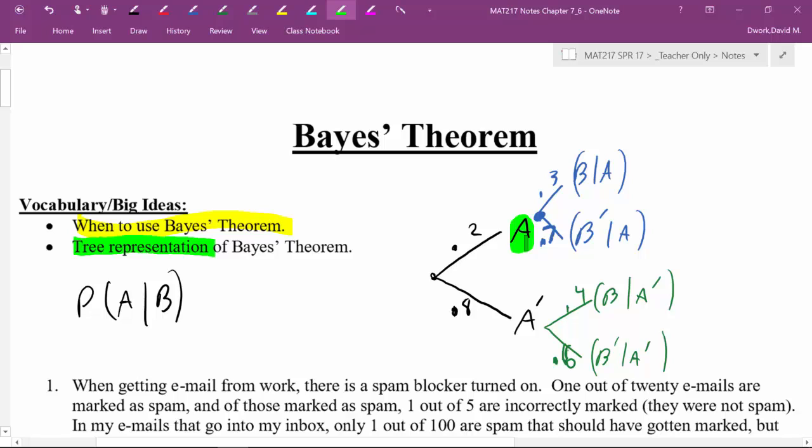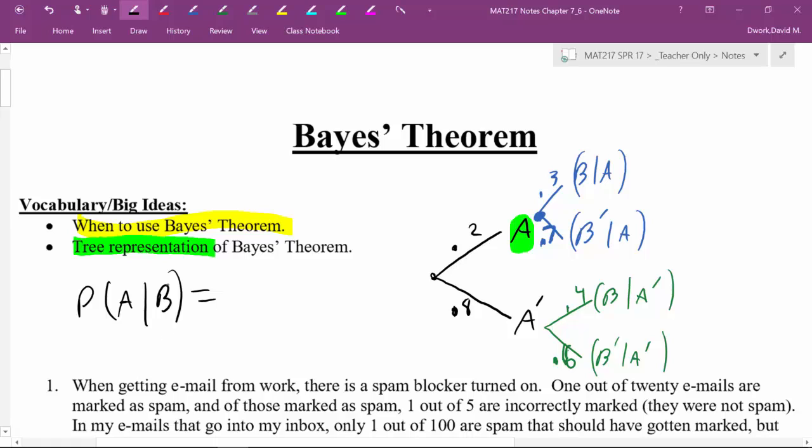So I call these the branch, and I call the ends the leaves, right? So instead of asking about a leaf, saying what's the likelihood of getting to this end, it's saying, if you know B happened, what's the likelihood of you passing through A? What's the likelihood of you just going down this path? And what makes Bayes' theorem really, really cool is it's just regular probabilities. There's nothing new to learn here if you kind of think about the tree.